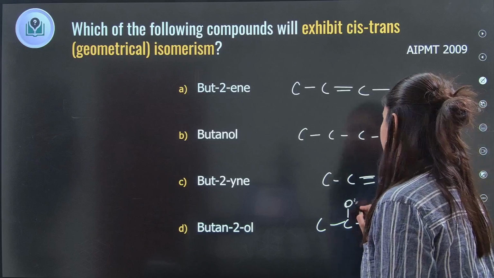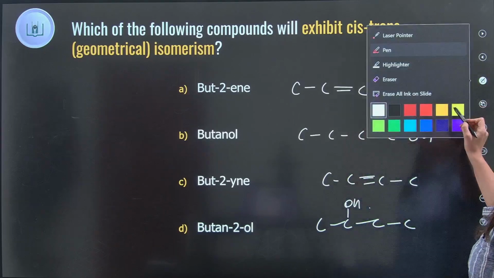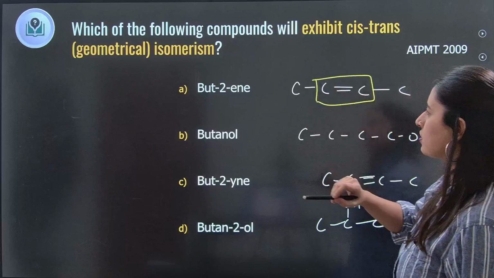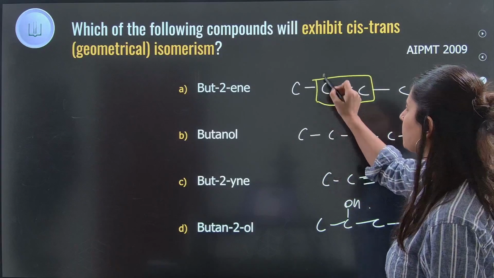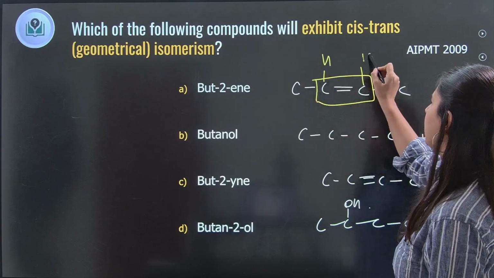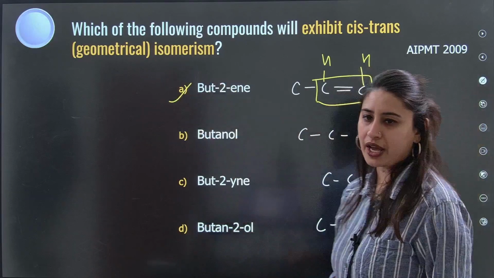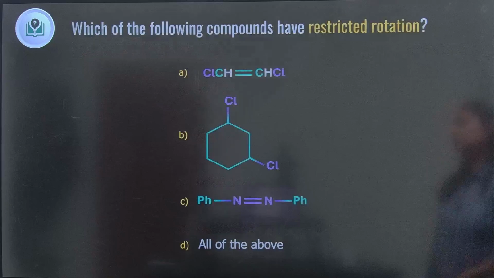Do you understand? We have to see if a doubly bonded system or any restricted system is there. Doubly bonded system present, yes. Different groups, yes: one hydrogen, one CH3, one hydrogen, one CH3. Cis and trans are possible. A is absolutely right.